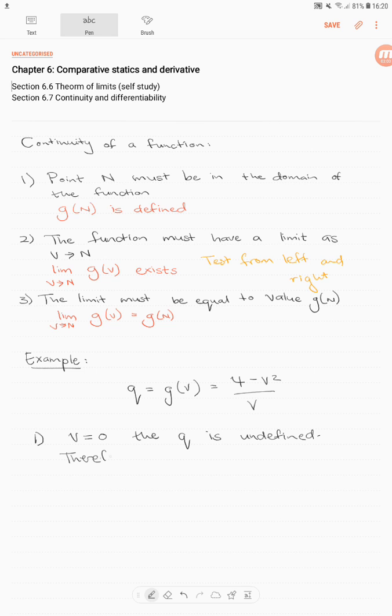Therefore, g(v) equal to g of 0 does not exist.